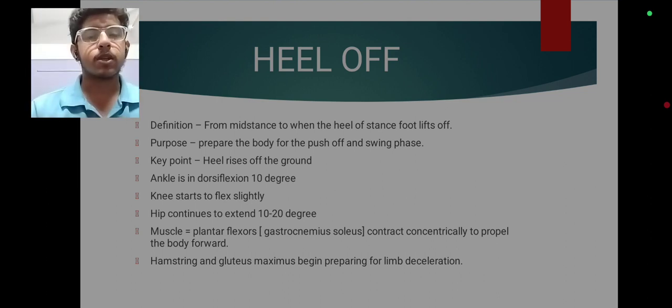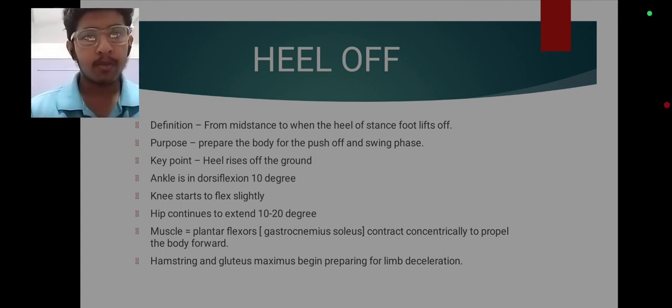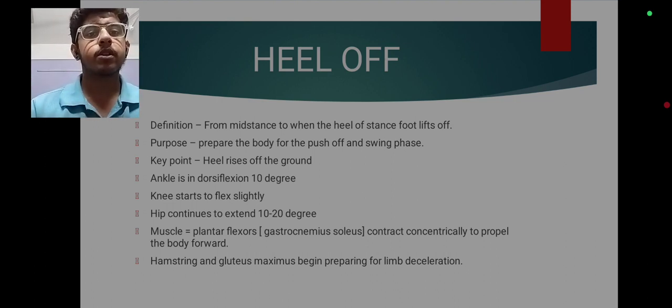The fourth subphase is the heel off. From the mid-stance to when the heel of the stance foot lifts off. The purpose is to prepare the body for the push off and swing phase. The key points are: the heel rises off the ground, the ankle is in dorsiflexion about 10 degrees, the knee starts to flex slightly, the hip continues to extend 10 to 20 degrees.